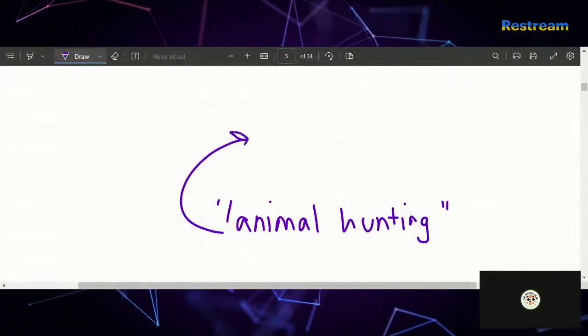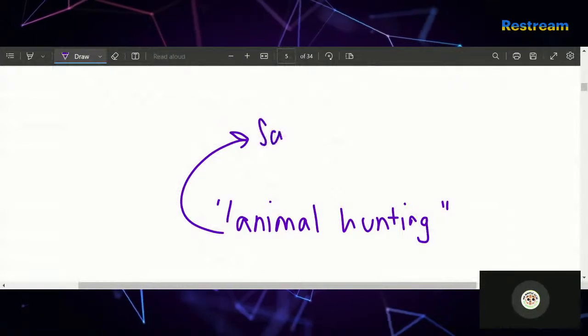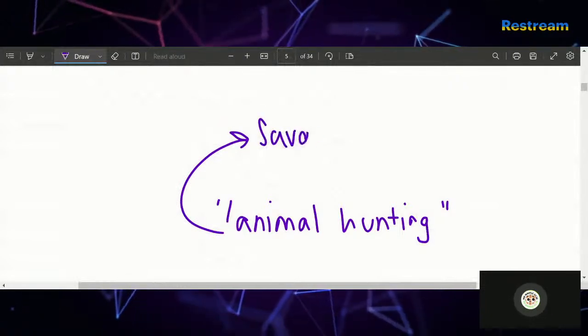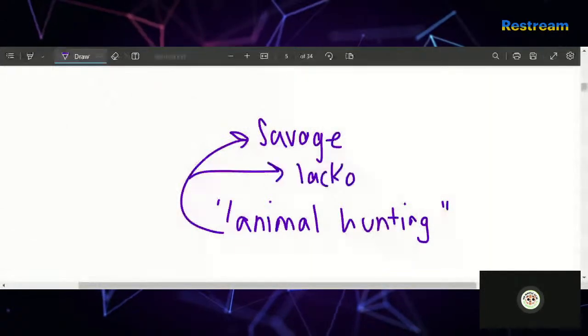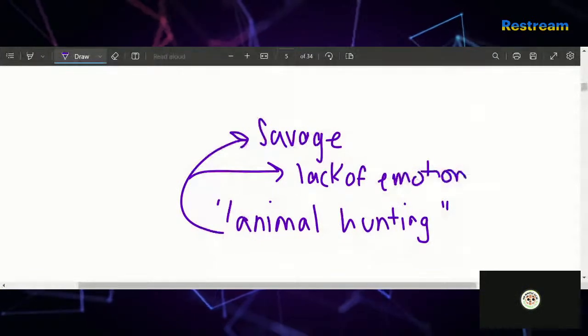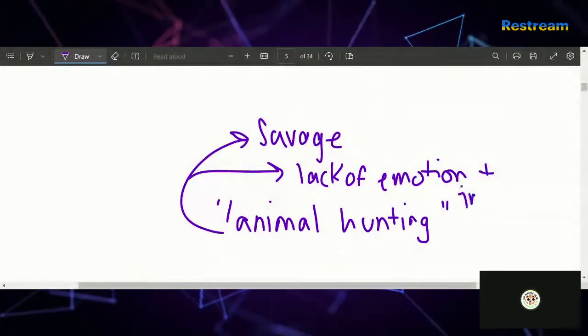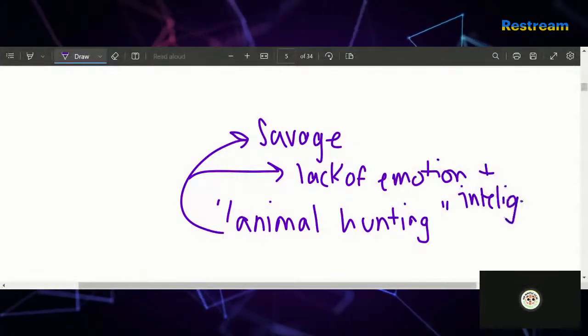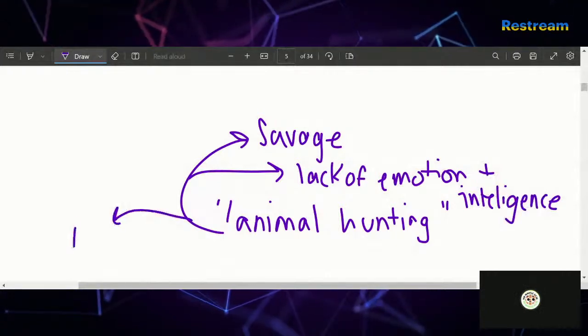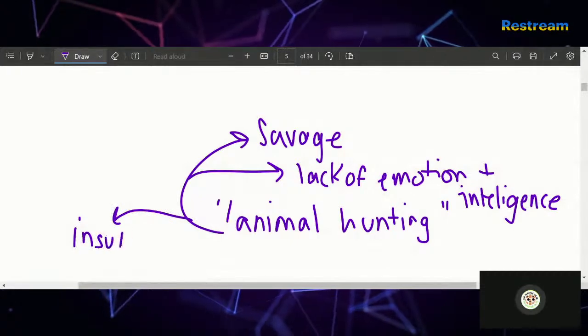So animal has connotations of being savage, emotion, and intelligence. This could be viewed as an insult.